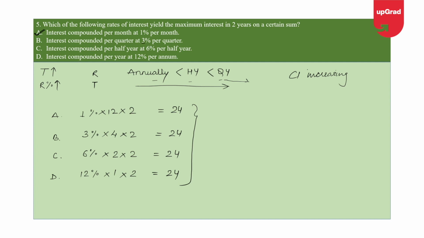Obviously A, because in this case we are doing it on a monthly basis. So monthly, we'll get 12 spans in a year, whereas quarterly, we'll get only 4 spans in a year. In half yearly, we'll get only 2 spans in a year, and in annually, we'll get 1 span in a year. More the number of spans for the same rate of interest and duration, more will be the compound interest. And hence my answer to this question is option number A.